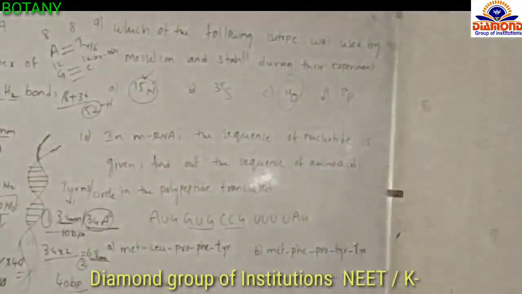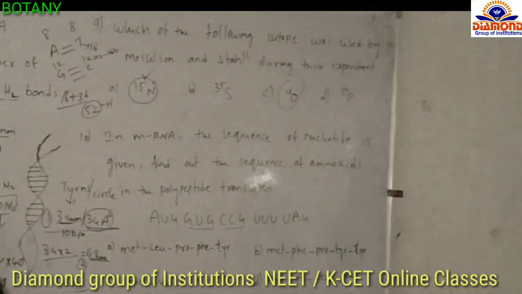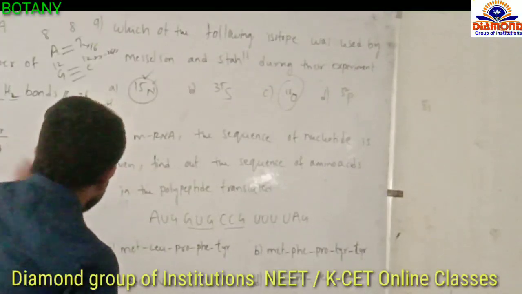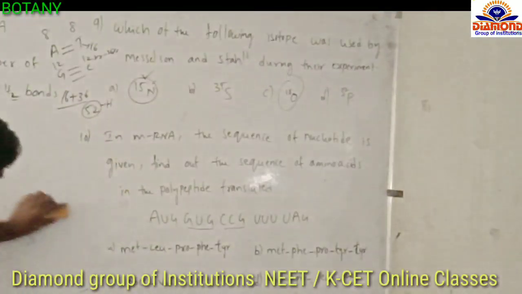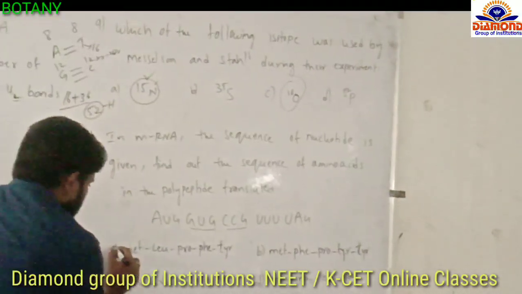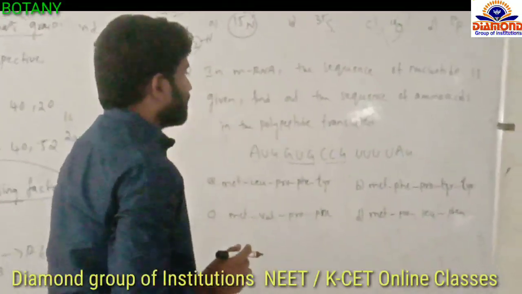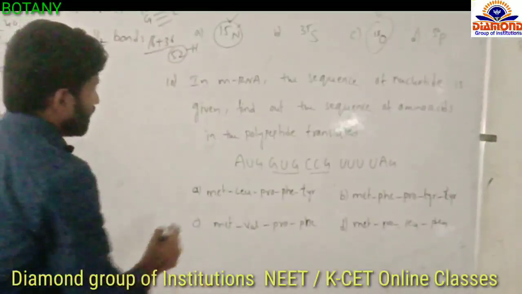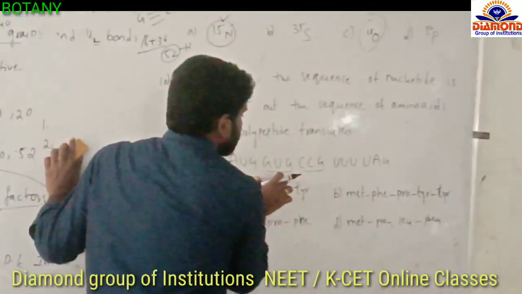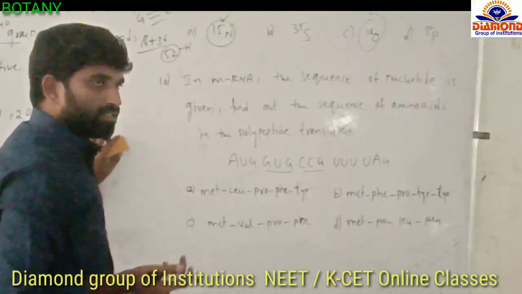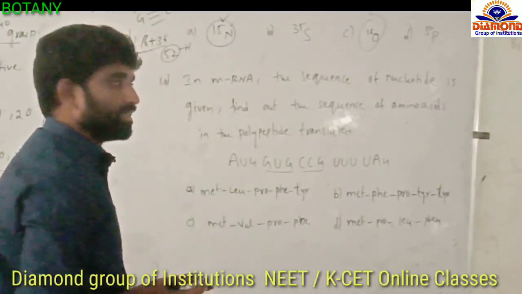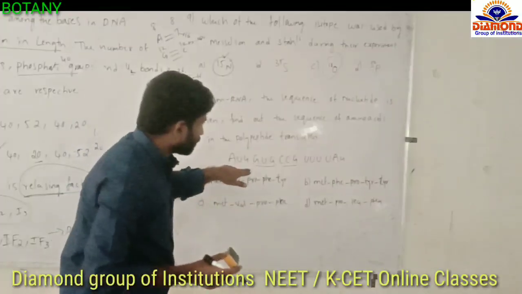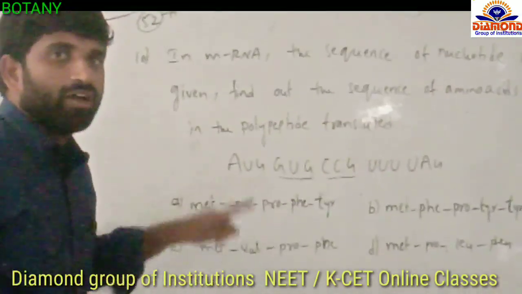The question gives an mRNA sequence. This mRNA sequence will synthesize a polypeptide chain, as protein synthesis takes place. That polypeptide chain is made up of different types of amino acids. The sequence of codons is followed by the sequence of amino acids.